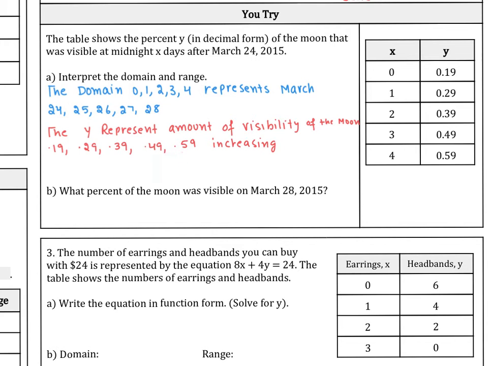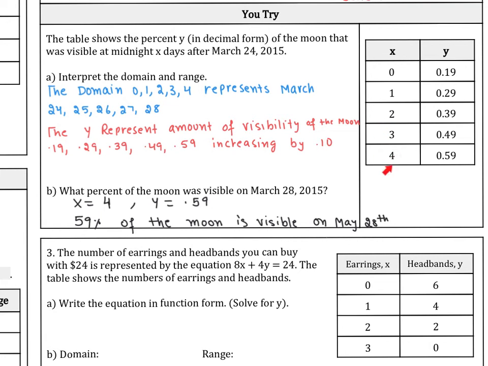and that is increasing by 0.10. What percent of the moon was visible on March 28th? So we're going to start from 24. March 24 means x is 0, then 25 means x is 1, 26, 27, and 28.